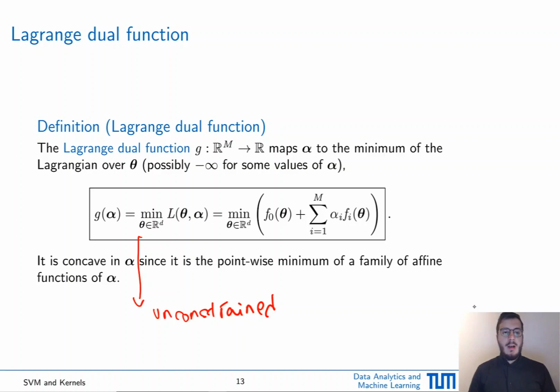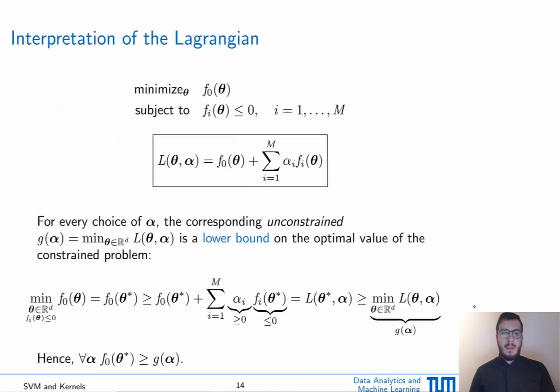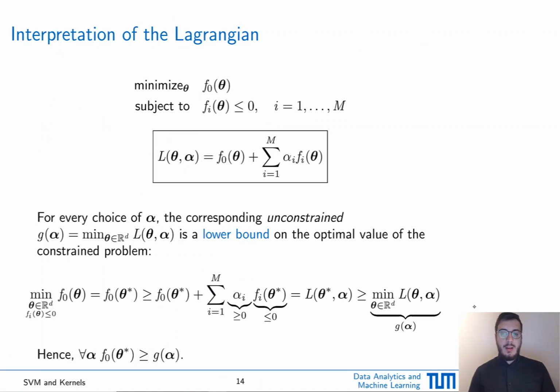Okay, so let's see how we can interpret this Lagrangian dual function. Why does it make sense to do such a thing? Well, the one thing that holds, which we'll show here, is that for any choice of alpha, as long as they are non-negative, the corresponding g of alpha is a lower bound on the optimal value of the original constraint problem.